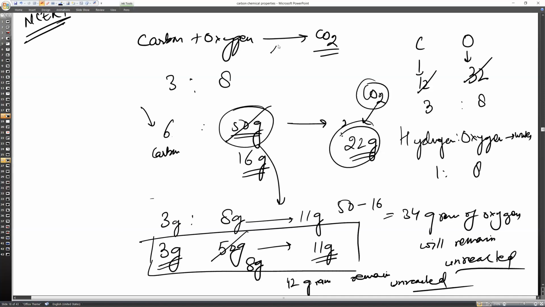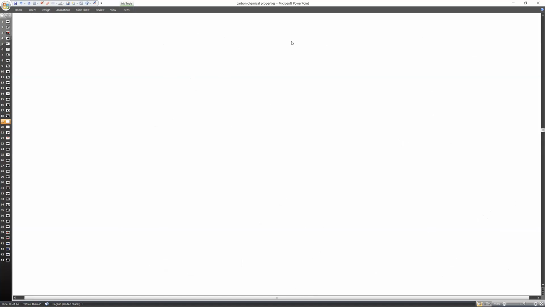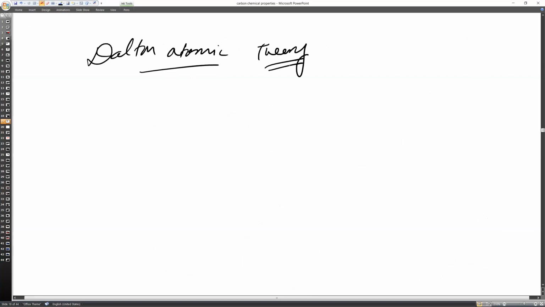Just a minute. So they were talking about the chemical properties, okay? And here is Dalton atomic theory. There are two drawbacks in the Dalton atomic theory. The drawbacks we are just going to study, and the postulates.